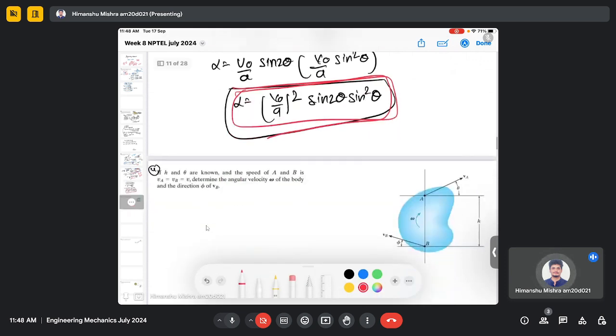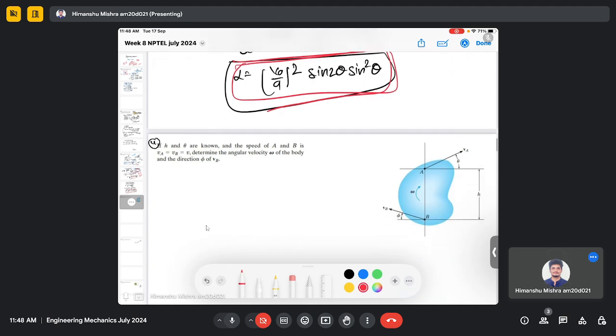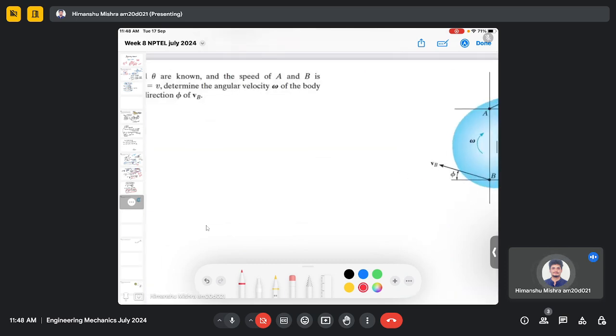Now we will solve the problems where we need to use the concept of relative velocity. So basically we will be using the expression of relative velocity.